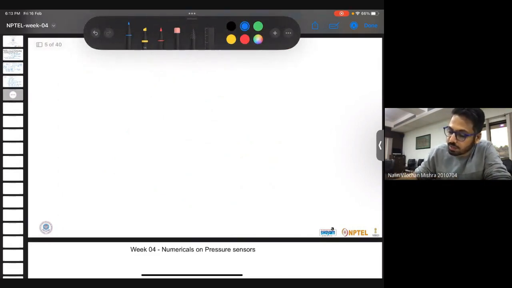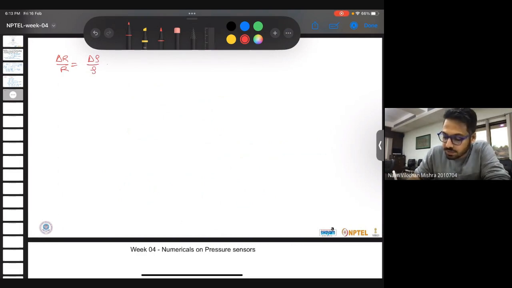Or we can write it like this: delta R by R is basically dou rho by rho, or change in resistivity by resistivity, plus change in length by L minus change in width by width minus change in thickness by thickness.